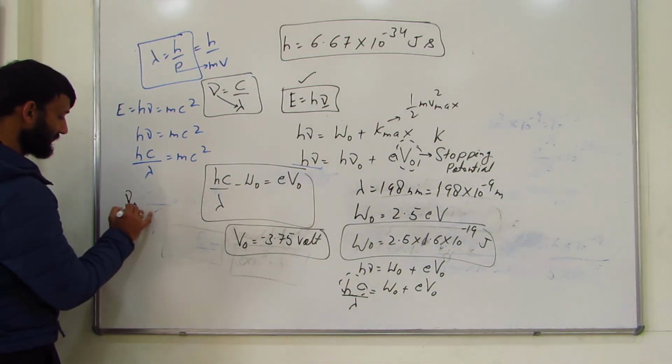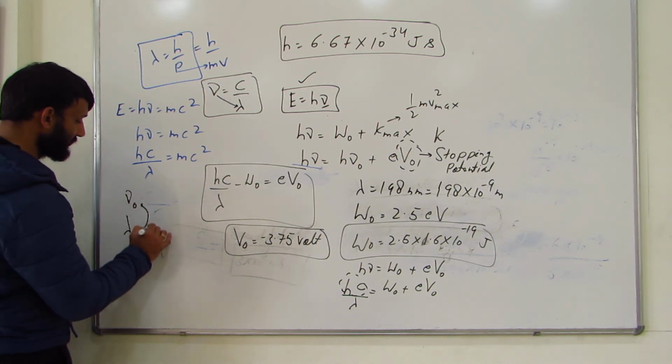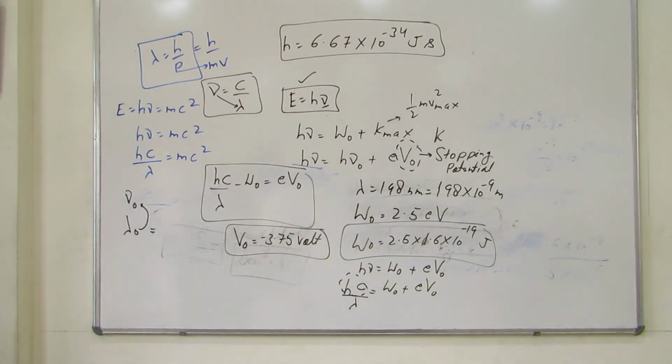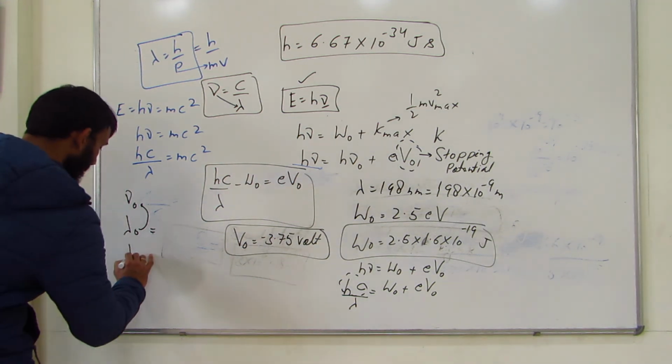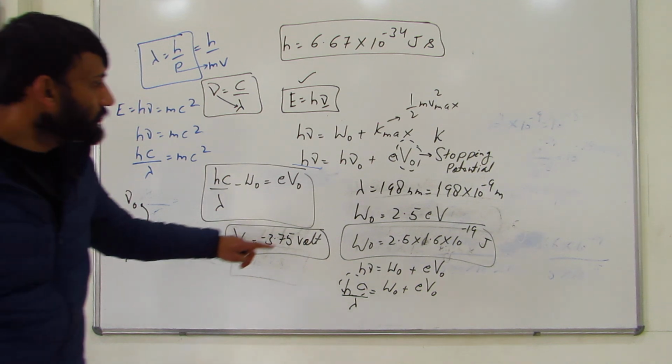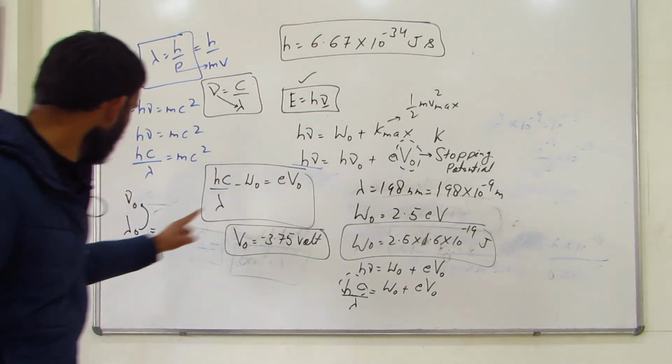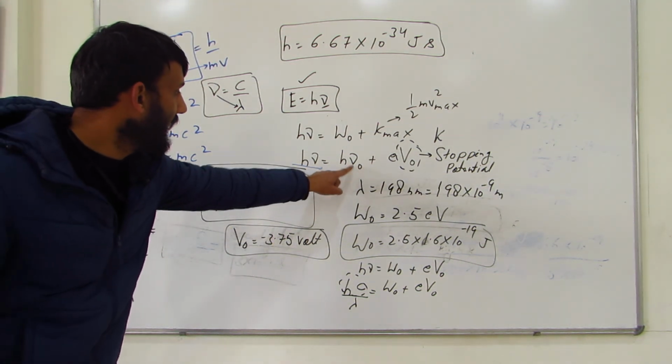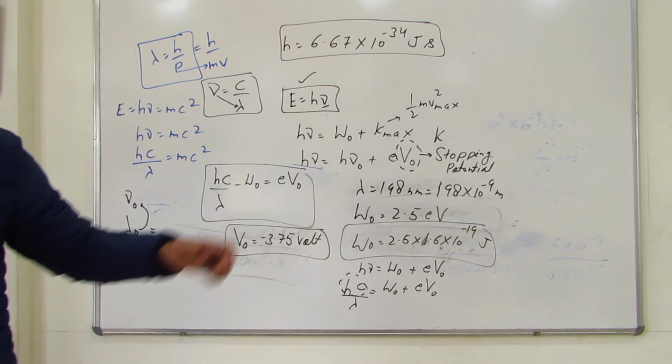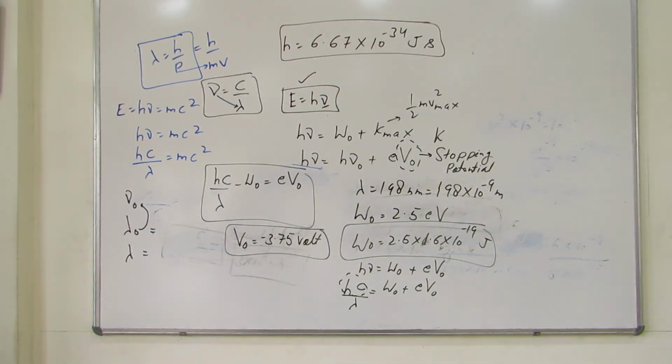Like we have threshold frequency, threshold wavelength corresponding to this is given initially, 792 nanometer, but the wavelength of light is separate, which is given. So here you will use this lambda naught, which is threshold, and here you will use lambda, which corresponds to light. So the wavelength of light is given as 396 nanometer, and you have to find the maximum kinetic energy.